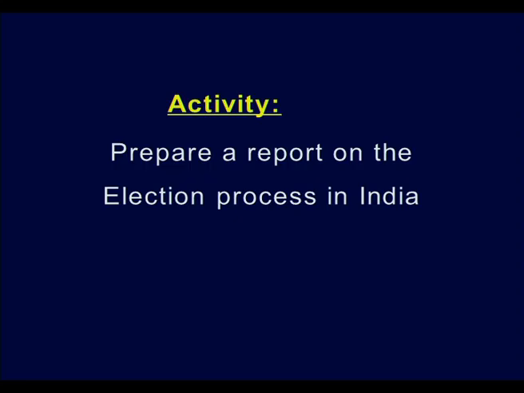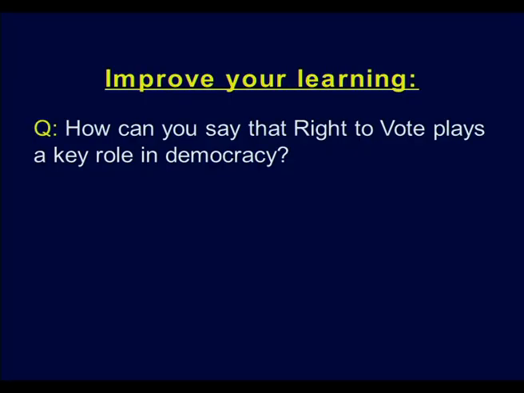So, children, here is an activity: prepare a report on the election process in India, and here are some important questions. How can you say that right to vote plays a key role in democracy? In this chapter, we came to know that right to vote has an important role in democracy.